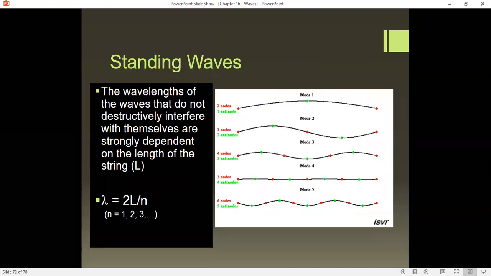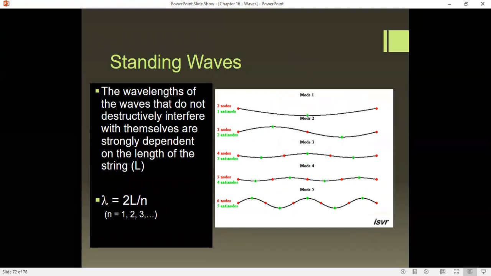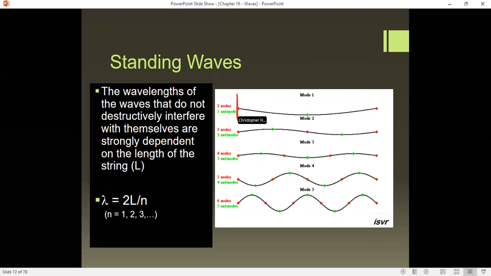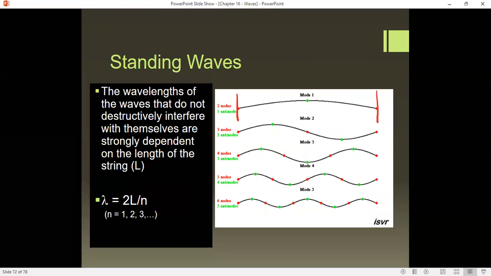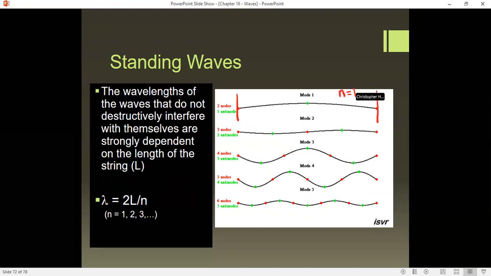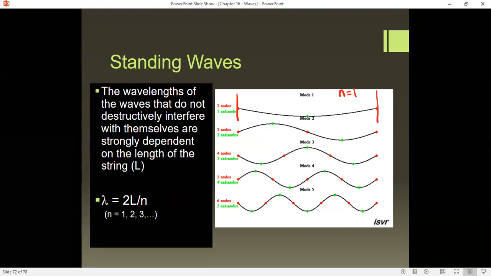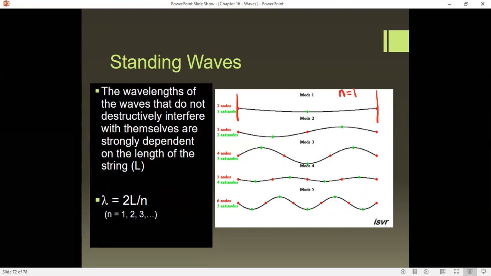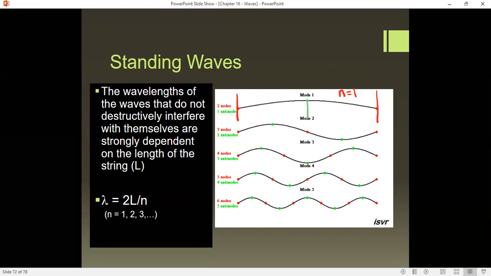So generally, here is what different standing waves would look like. Again, imagine that this end and this end are bound. We call this first one the n equals 1 mode. Notice it has one antinode, just one place in the center where it oscillates up and down.